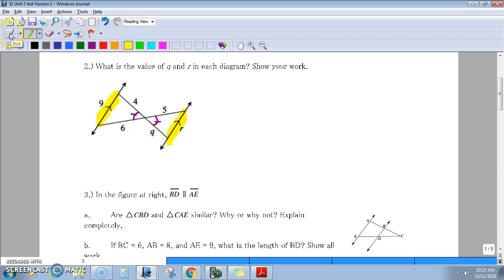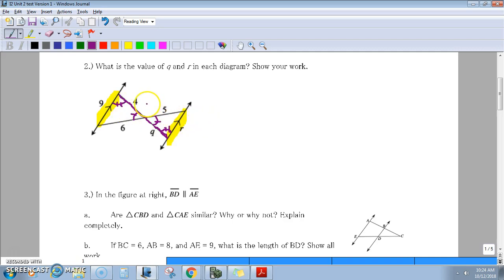That means if we look at just this line that goes all the way from here to here as a transversal, then these two angles are on the opposite side and they're on the interior. So they're alternate interior angles.